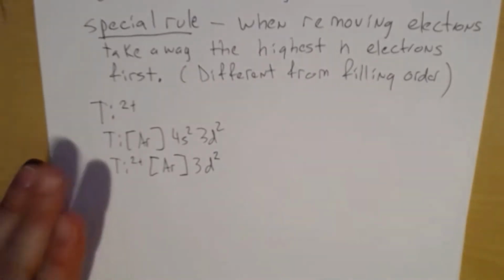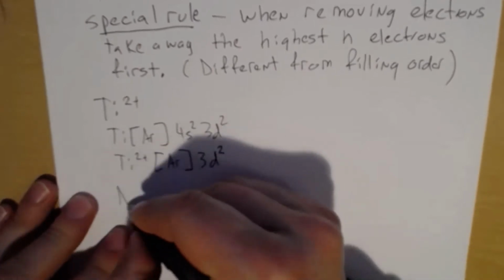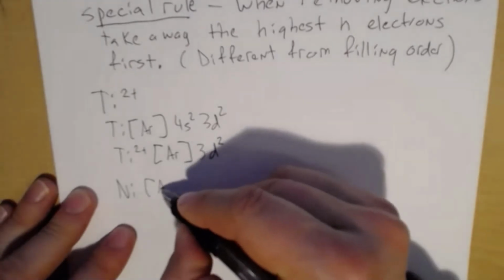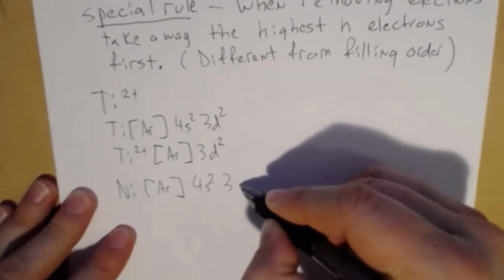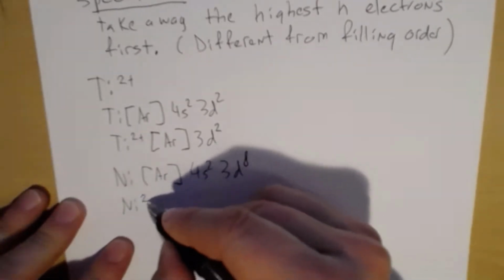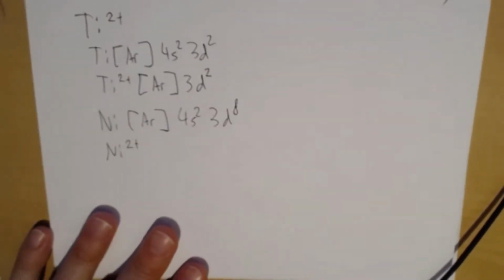And so they kind of skipped that on the PowerPoint. They gave you nickel and they didn't explain it, remember? So nickel was argon 4s2, 3d8. What's nickel 2+ going to be? Argon 3d8.